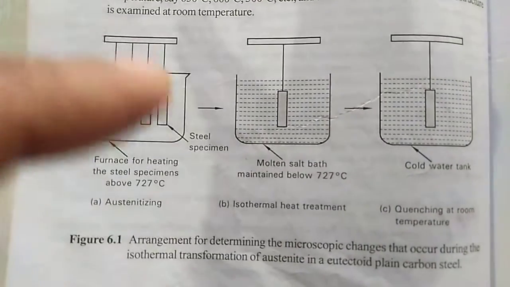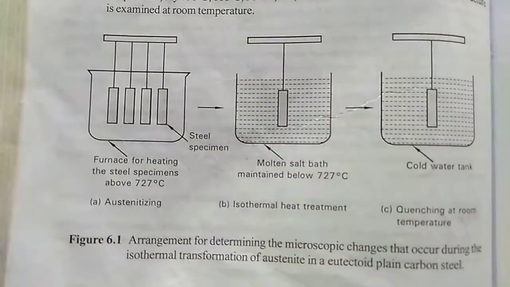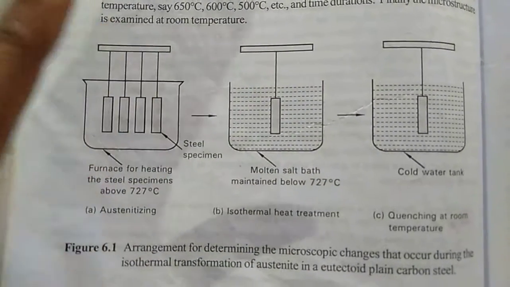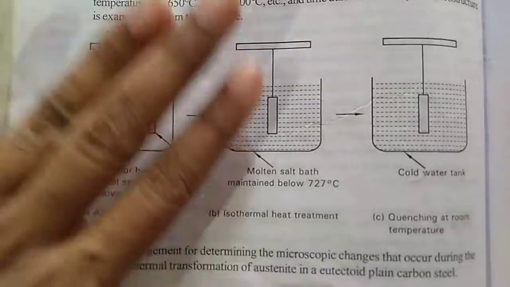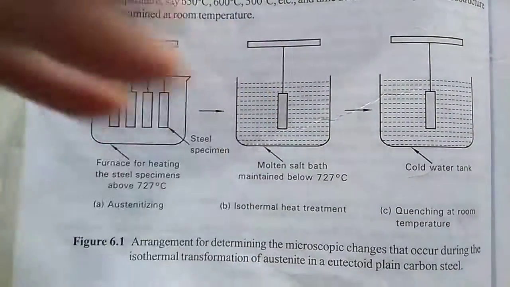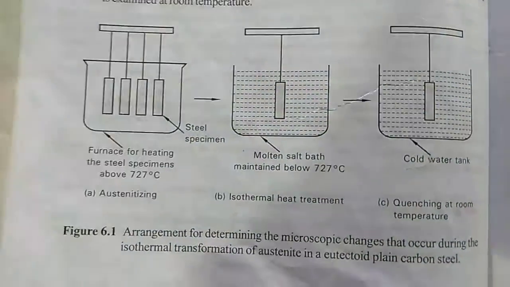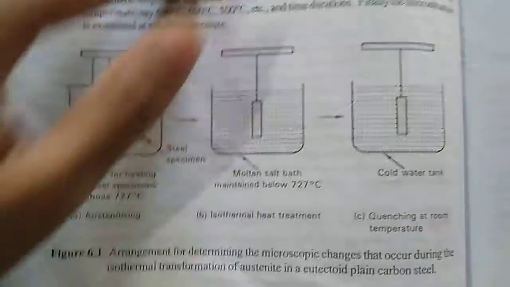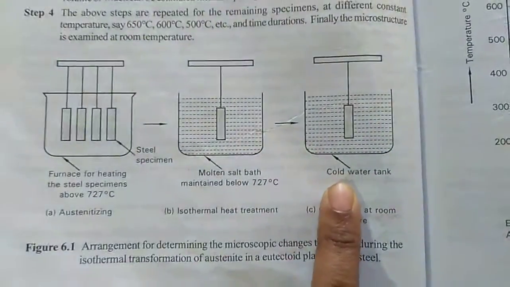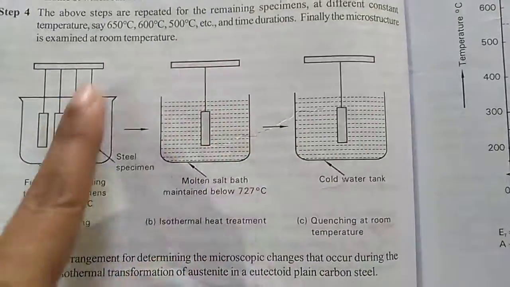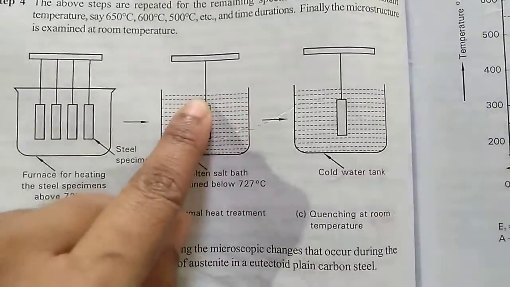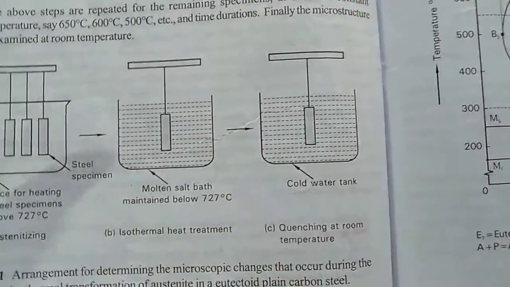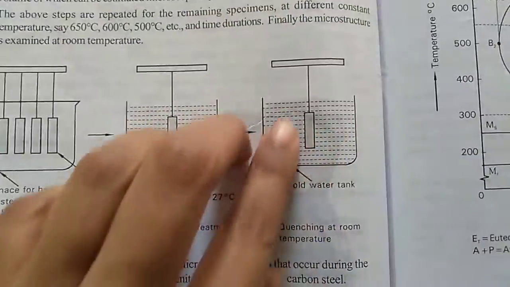Now if you retain this specimen for a longer period of time in the molten salt bath only, whatever austenite was formed here, all that austenite will change to some other phase. So for a certain time duration you place it and immediately place it in a cold water tank. What happens is, all the austenite that was formed when introduced here will go and martensite phase will be formed.